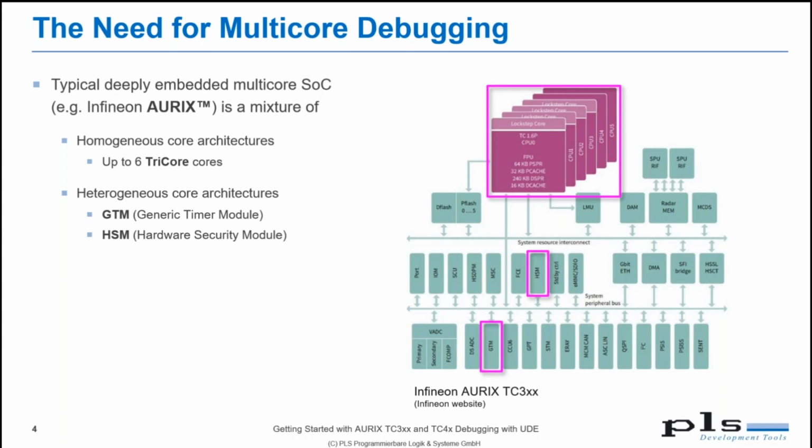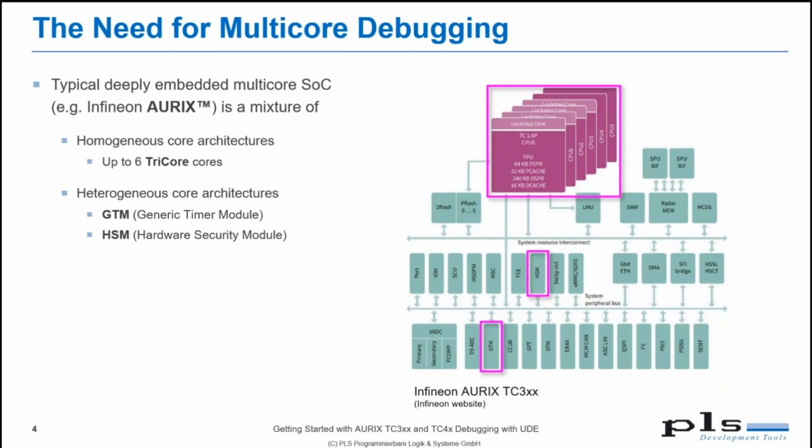What you see on this picture here is the block diagram of a TC3. This is a mixture of different core architectures. For example, we combine the cores of the TriCore architecture, up to 6 for the AURIX, with domain-specific or application-specific cores based on other architectures.